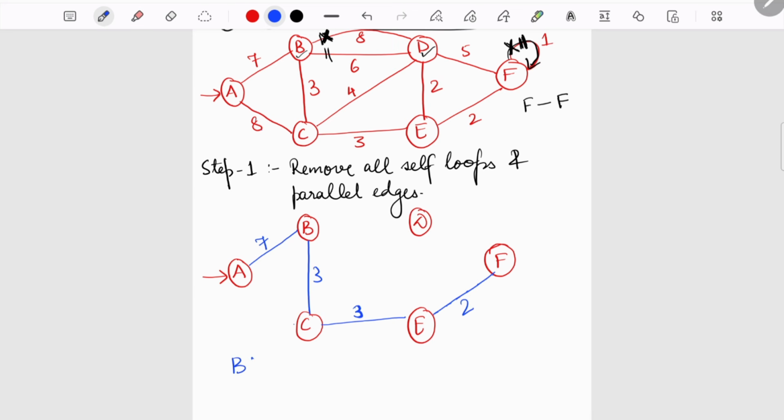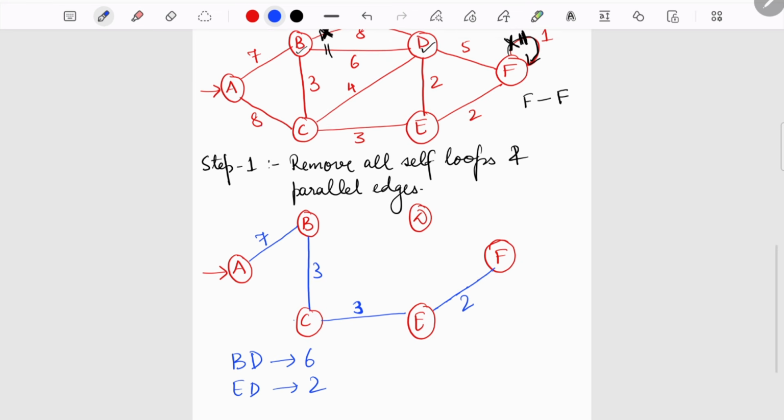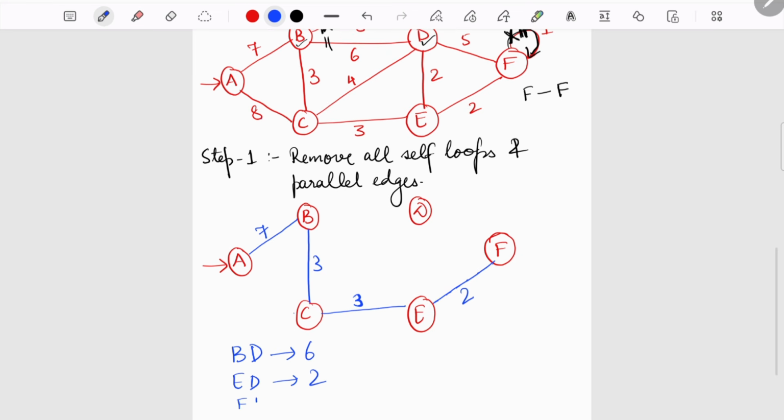Either I can draw BD with edge weight 6, or ED with edge weight 2, or FD with edge weight 5. Among these, the least is this one, so we are going to draw this one with weight 2. Clear? Now this is the minimum spanning tree.